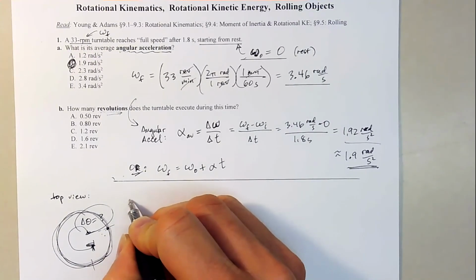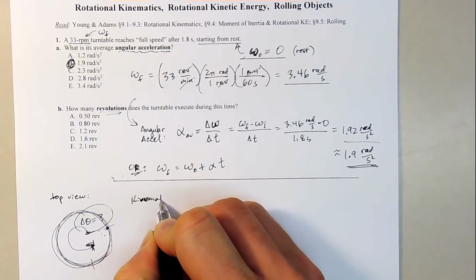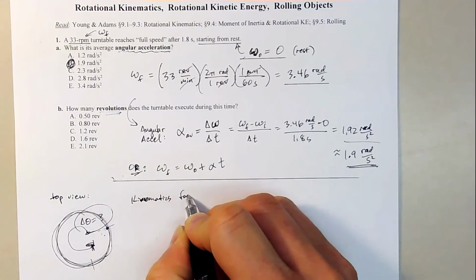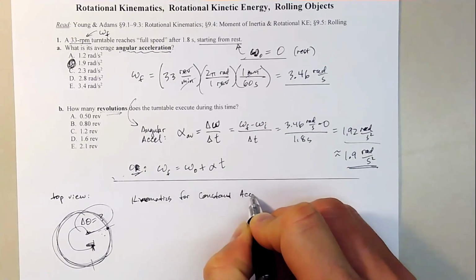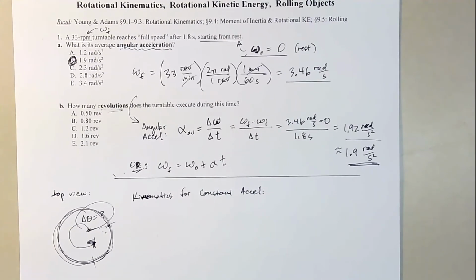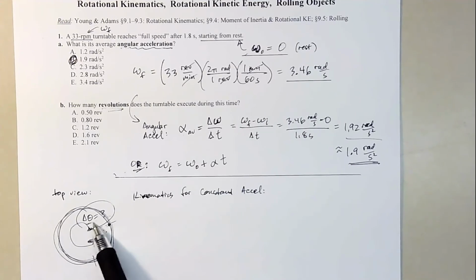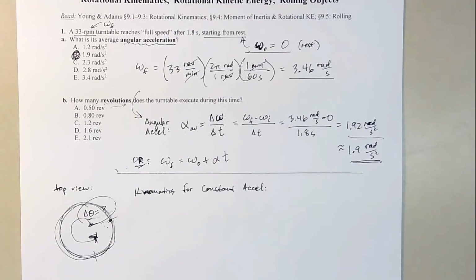Let's use our equations for kinematics. When I think about my 3 equations for kinematics for constant acceleration, I want to pick one of the 2 that has angular displacement, so that way I can solve for that, and for which I know everything else.